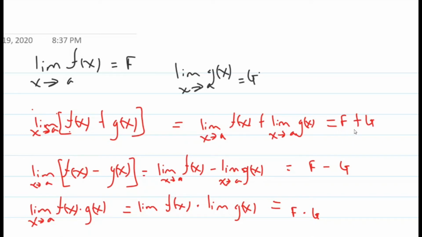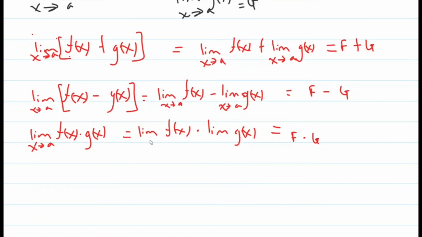If you are confused with that, that is what this is saying. The limit of f of x times the limit of g of x is the same thing here, for those who don't see that.